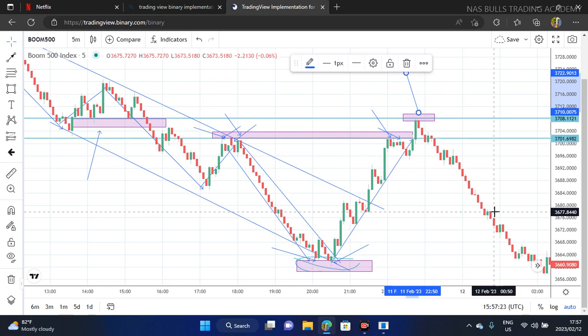It's simple to find an entry with a boom, or if you want to catch a spike or trade like a trend, you can simply use this analysis, or maybe price action analysis, which we talk about, like double bottom, double top and so on.